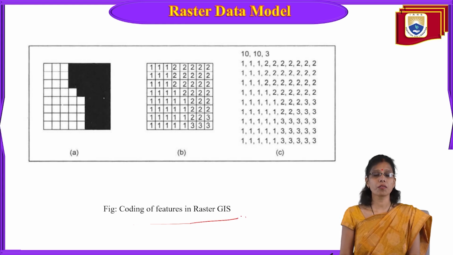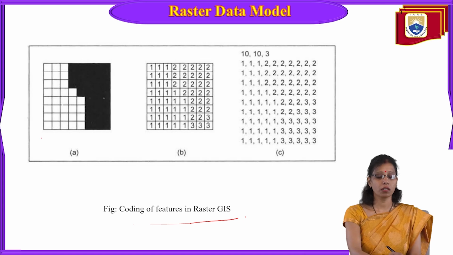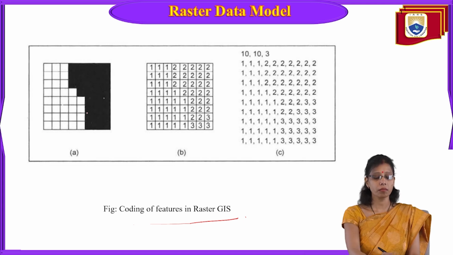Now here we have the coding of features in raster GIS. What are the different ways of coding features? You can see here, like number one, A, B, C, we have different ways. Here this feature is empty, and this one is covered with colors. The same thing, the empty one, is shown in the form of number 1, and this is 2.